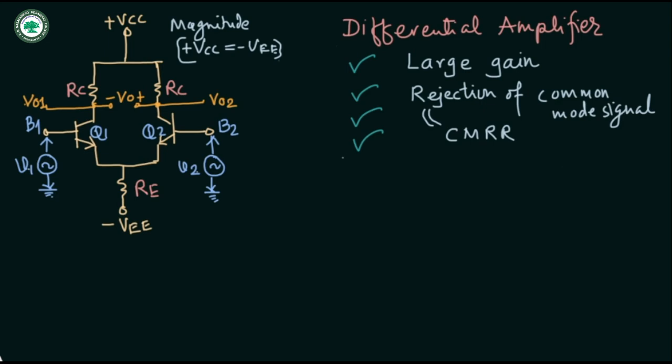The output of this differential amplifier is proportional to the difference between the two inputs.